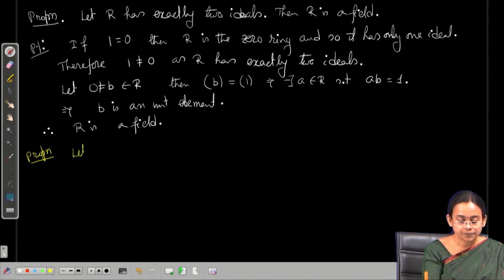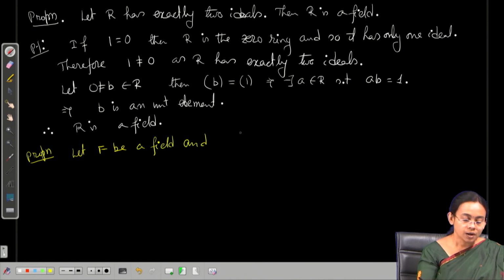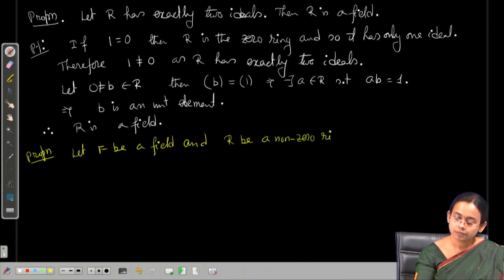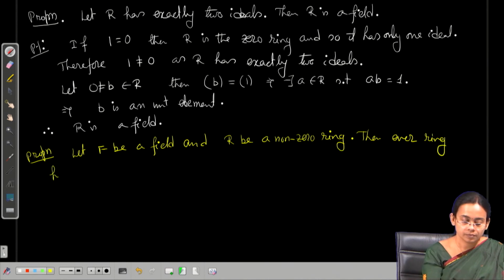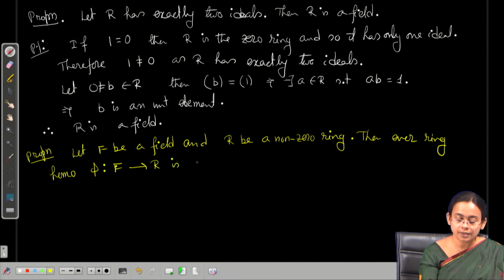Let F be a field and R be a non-zero ring. Then every ring homomorphism phi from F to R is injective.